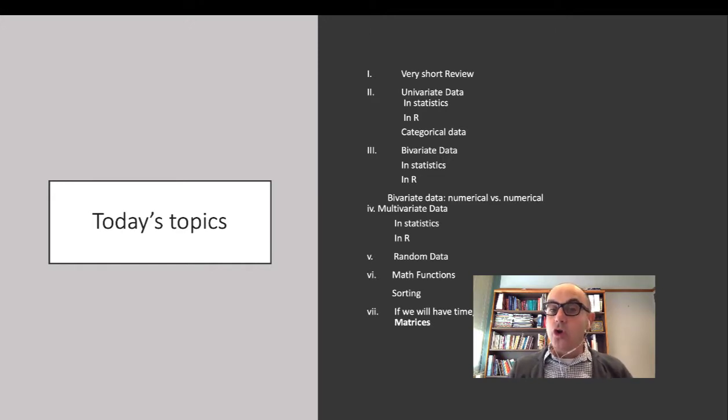We are also going to talk about random data, how we generate random data in R, and how we can apply statistical analysis to it. And we are going to talk about mathematical functions, how to sort mathematical functions, and if we have time, linear algebra and vector and matrix in that context, how to apply the linear algebra operators in order to sort the data.